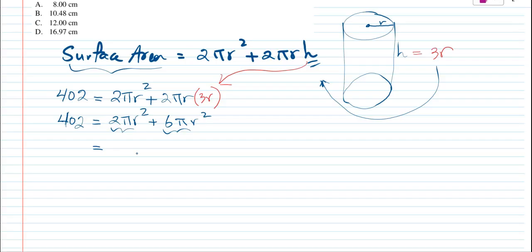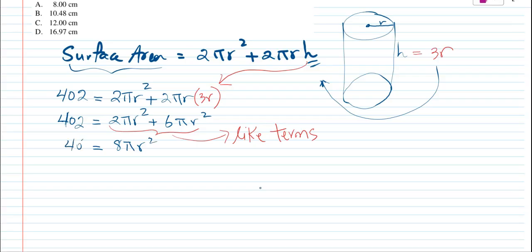These are like terms, which means you can add them: apples and apples, because r squared and r squared are alike. So 2 pi is just a number, and so is 6 pi. What is 2 pi plus 6 pi? Well, that is 8 pi. So that's 8 pi r squared.